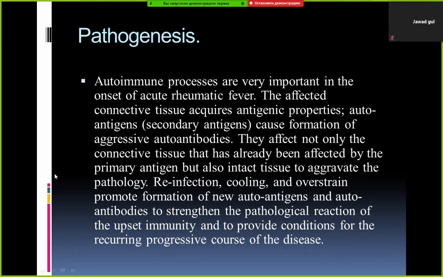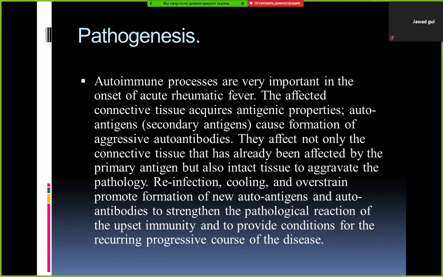Autoimmune processes are very important in the onset of acute rheumatic fever. The affected connective tissue acquires antigenic properties. Autoantigens or secondary antigens cause formation of aggressive autoantibodies. They affect not only the connective tissue that has already been affected by the primary antigen, but also intact tissue, to aggravate the pathology.